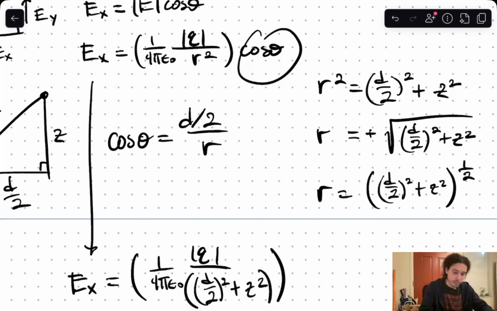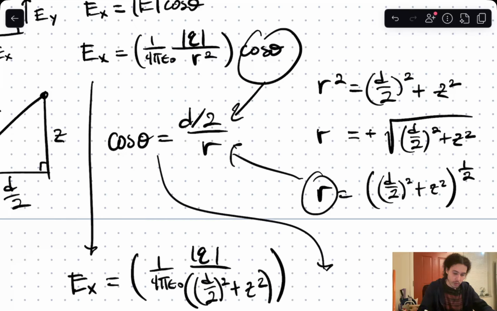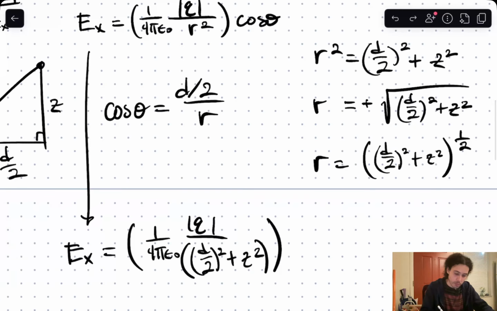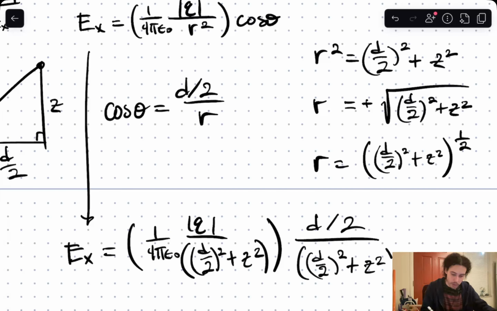This cosine definition right there, r right here. Bring this entire thing down there. d over 2 over d over 2 to the power 2 plus z squared to the power 1/2.